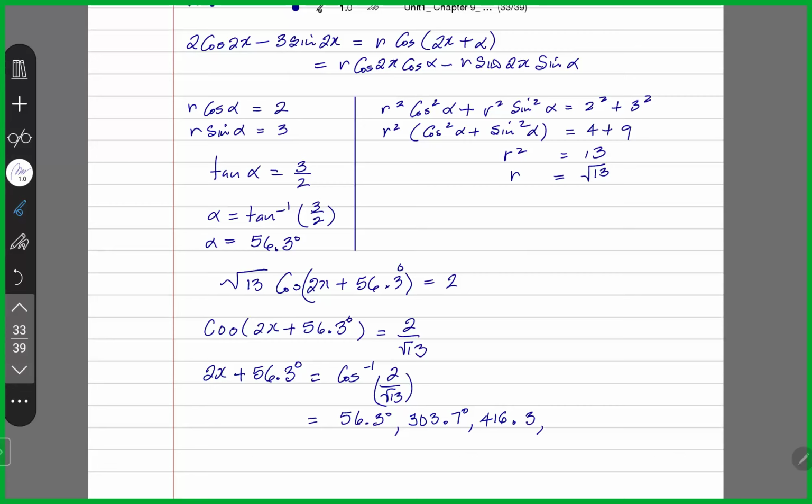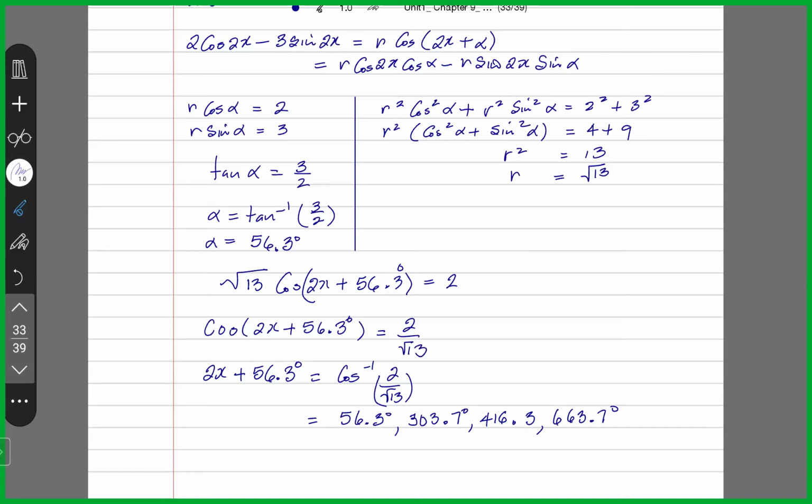And the answer in the fourth quadrant would be 360 plus 303.7, and that becomes 663.7 degrees. You are going to see the importance of what I just did in a minute.